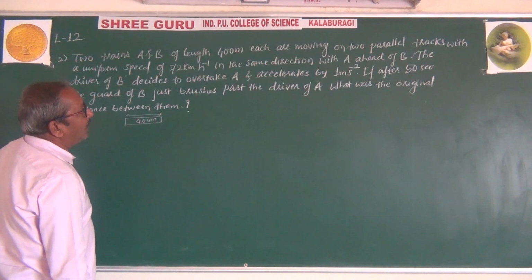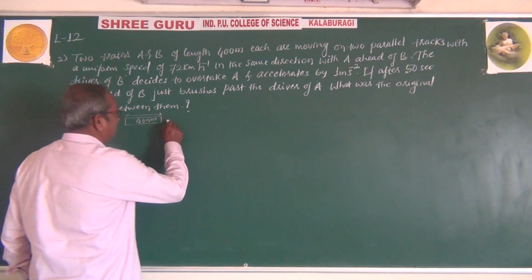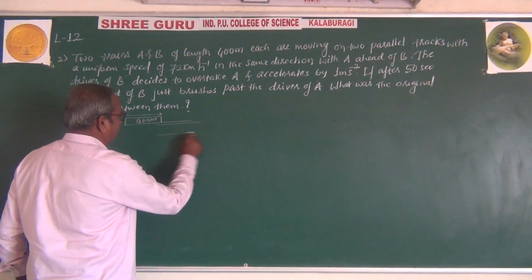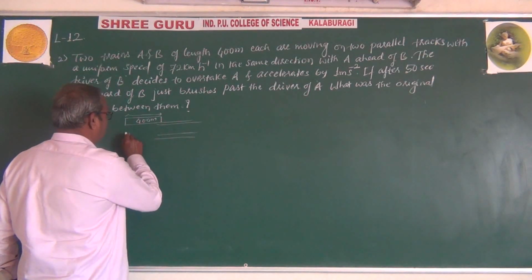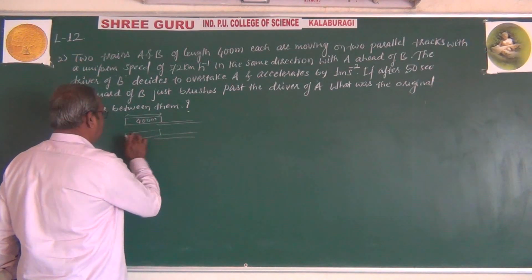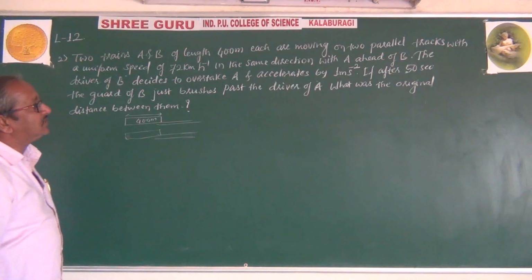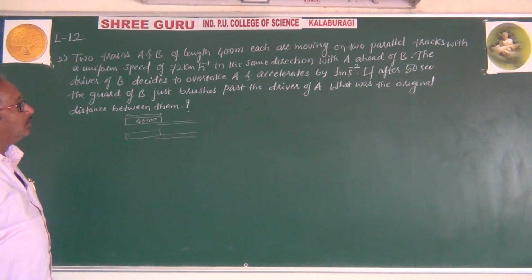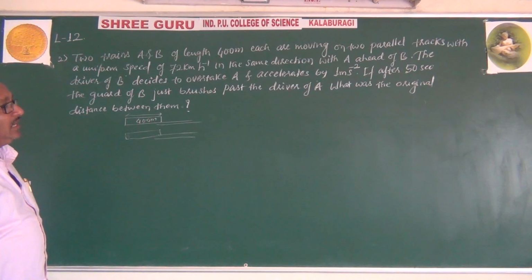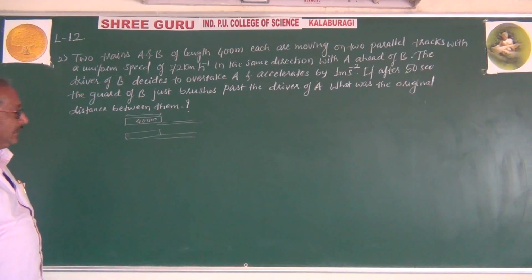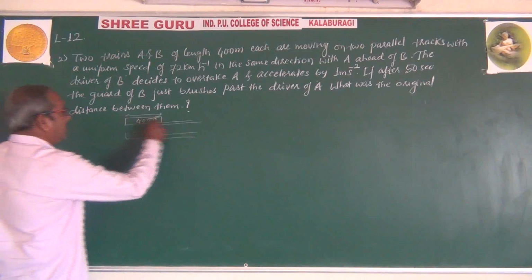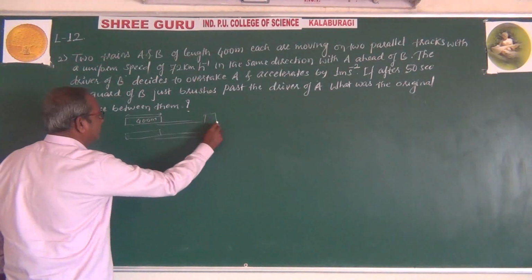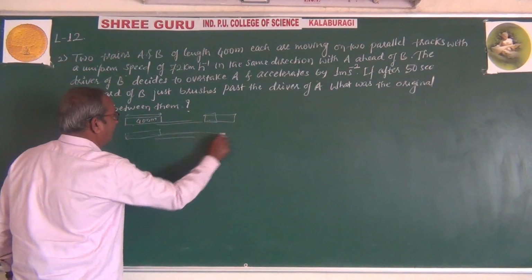Both are moving on two parallel tracks with a uniform speed of 72 km per hour in the same direction, with A ahead of B.